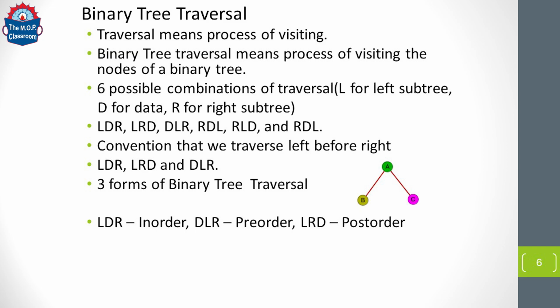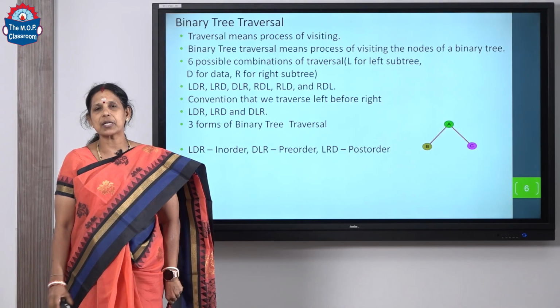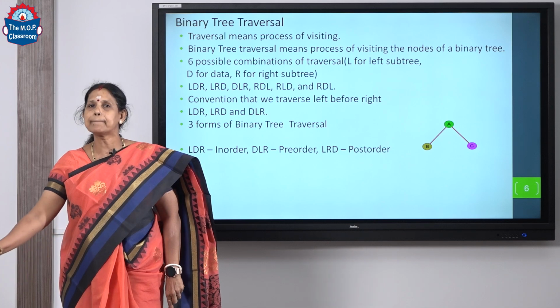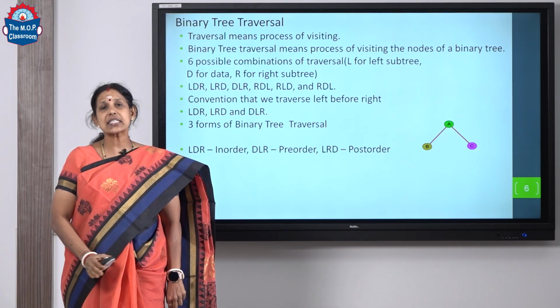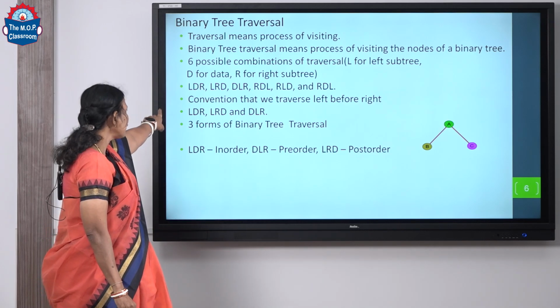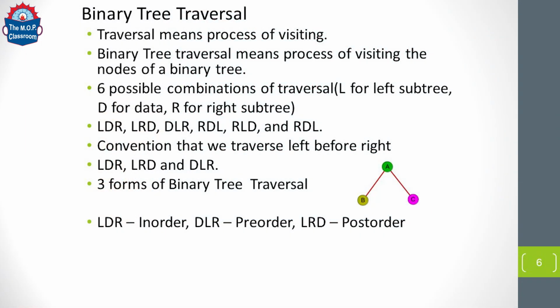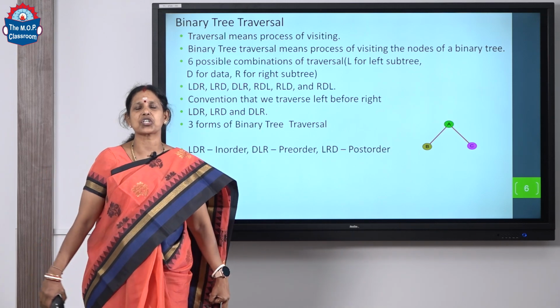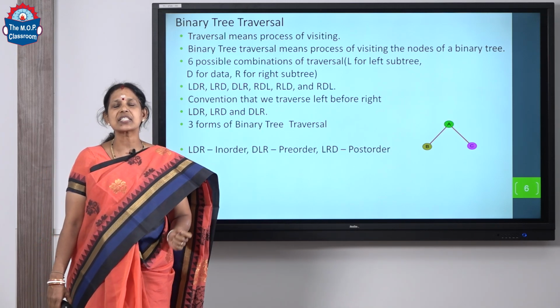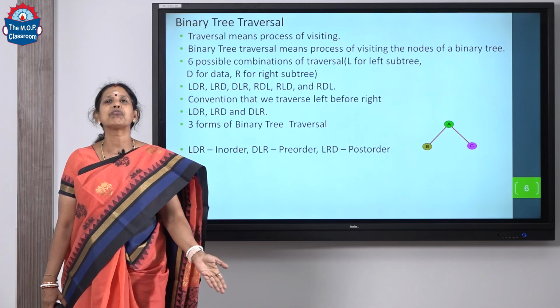Traversal means the process of visiting. Binary tree traversal means the process of visiting the nodes of a binary tree. So, we have here 6 combinations: left, data, right; left, right, data; data, left, right; right, data, left; right, left, data; and data, right, left. We come down to 3 combinations because the convention is that left has to be visited before right.